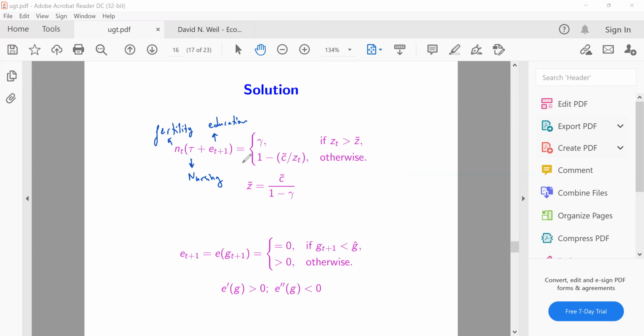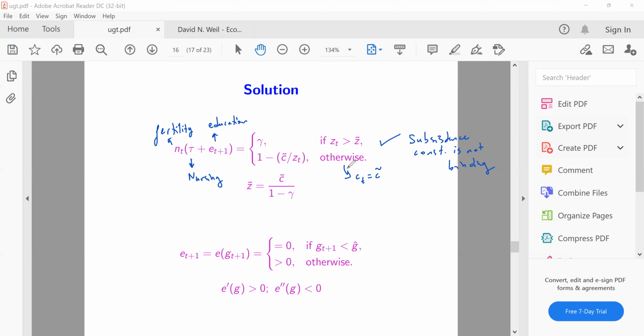Now, this total is going to be equal to a constant if incomes are sufficiently high. Okay, so here the subsistence constraint is not binding. But here it is binding. So here it is actually like this.